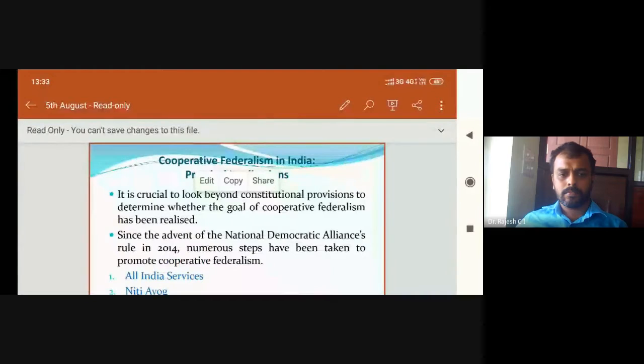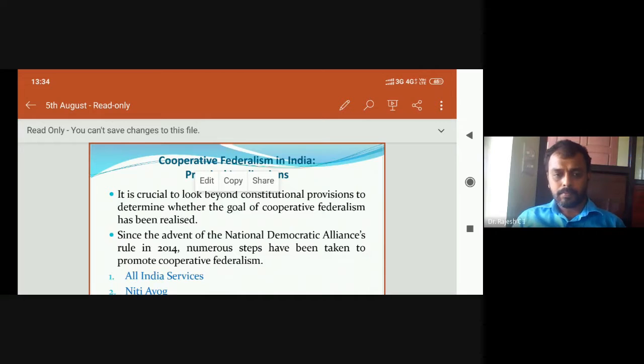Now, when we talk about the practical implication of this concept of cooperative federalism, we see that throughout its political history, India has witnessed the manifestations of various forms of federalism. It is crucial to look beyond constitutional provisions to determine whether the goal of cooperative federalism has been realized, and assess whether the actions of the central and state governments reflect the spirit of such federalism.